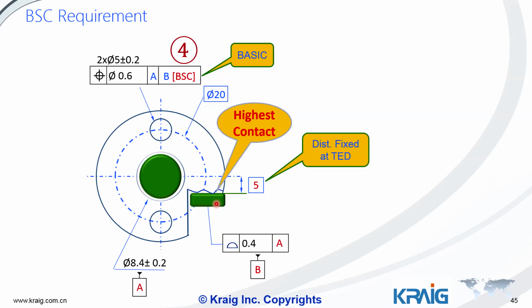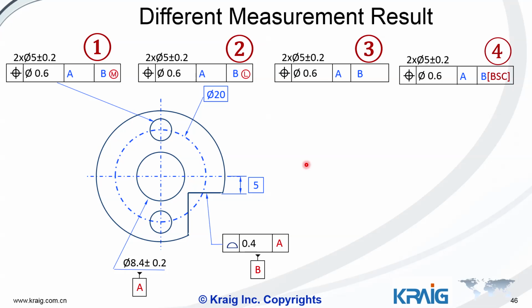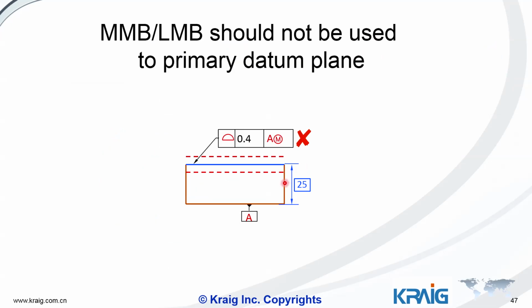Okay, but there's one thing I should repeat. Datum B is a surface and it is the secondary datum, and you are allowed to apply the MMB or LMB here after. So what about the datum is the first, the primary one.